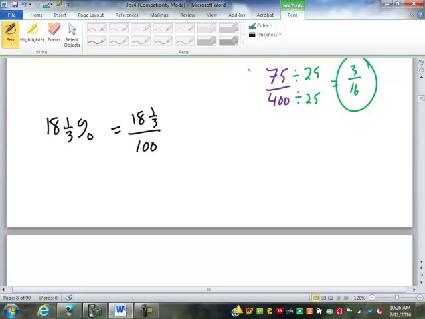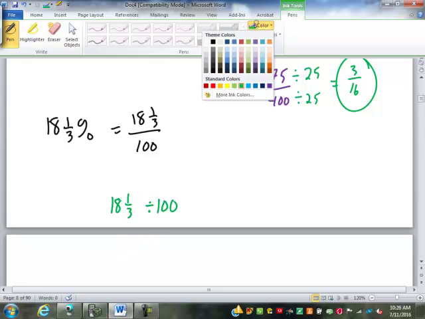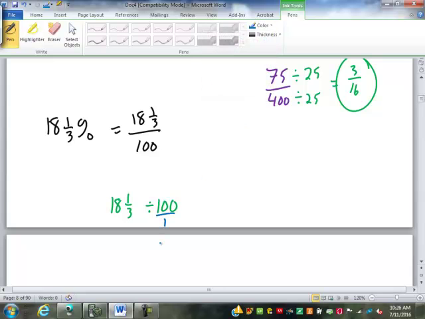We need to get rid of the fraction. There are 2 ways we could approach this. One way would be to just divide. Do 18 1/3 divided by 100. So I would make this 100 over 1. 18 1/3, well, 18 times 3 is 54, plus 1 is 55. That's 55 thirds.